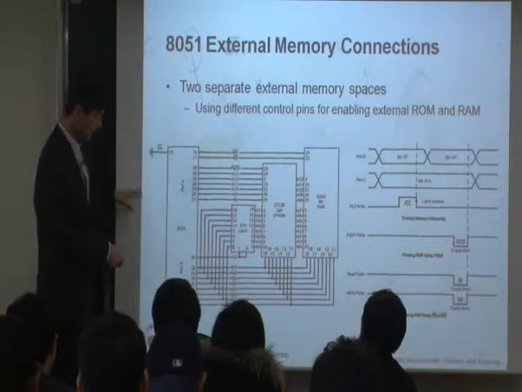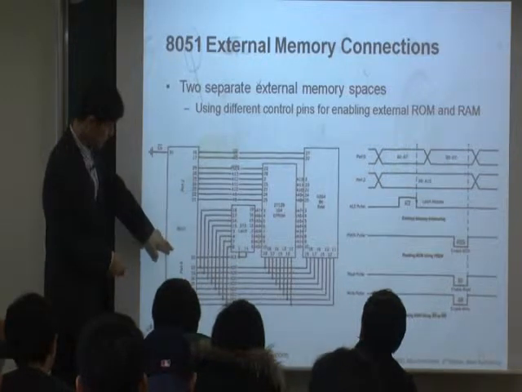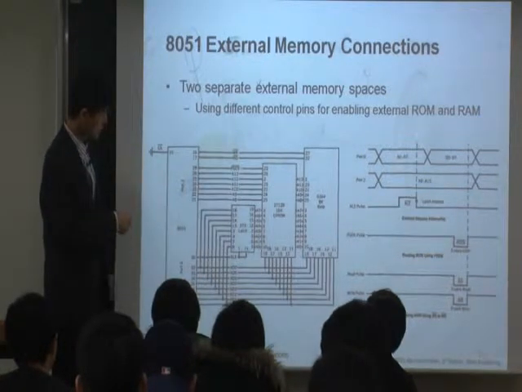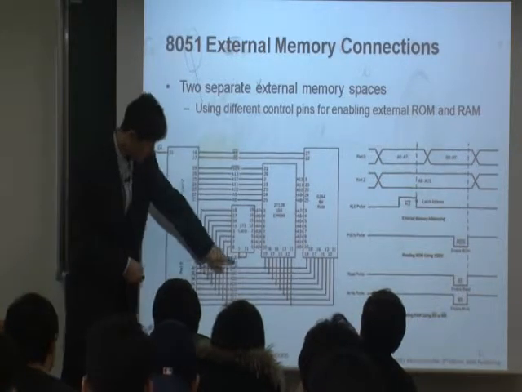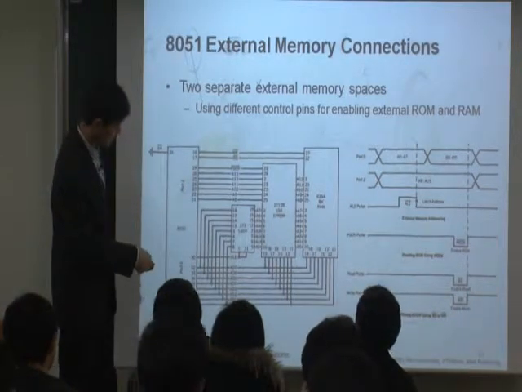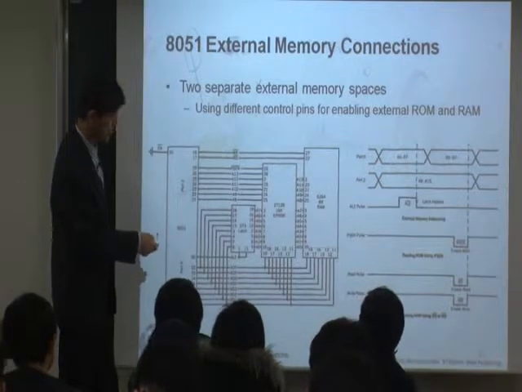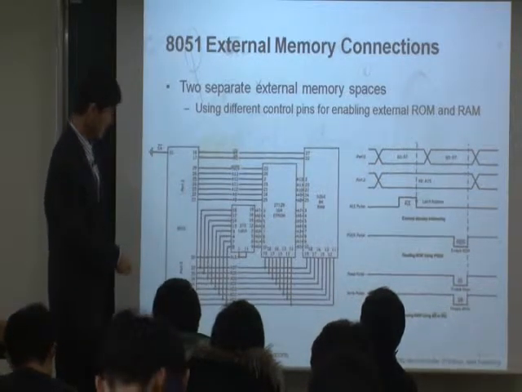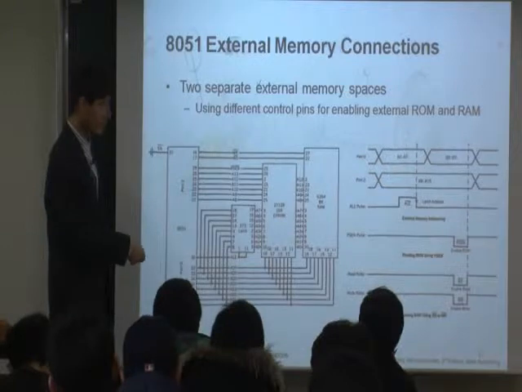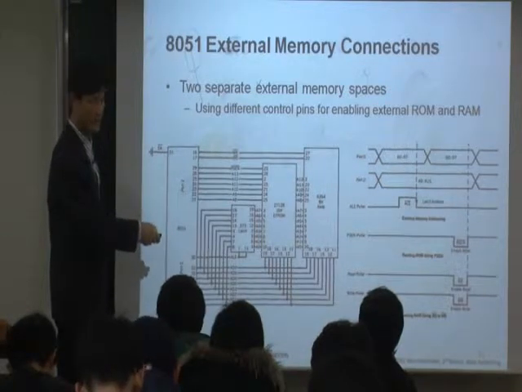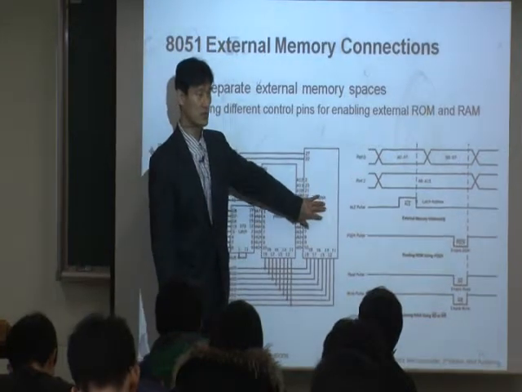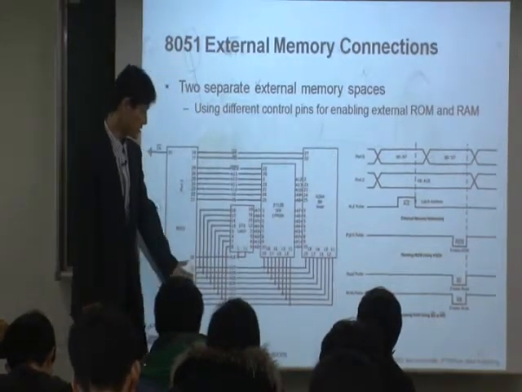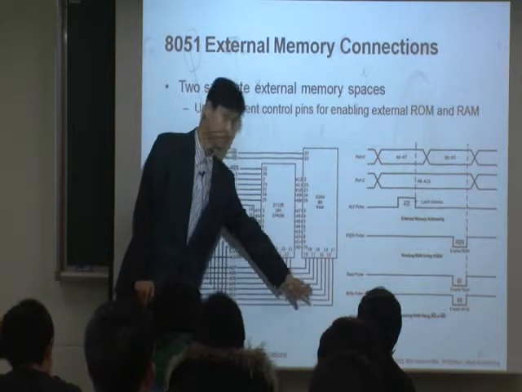So in this example, port 0 and port 2. Port 0 is connected to EPROM, which is instruction memory, and this port 0 is also connected to RAM, data memory. So we have an instruction memory here and data memory here, and this pin goes into both of them.